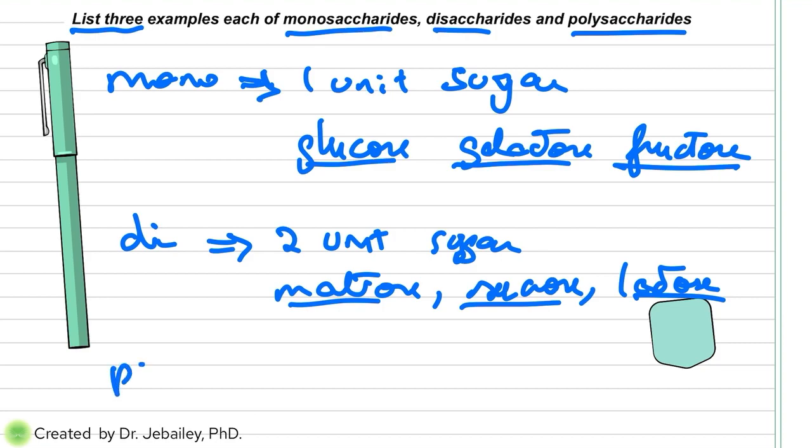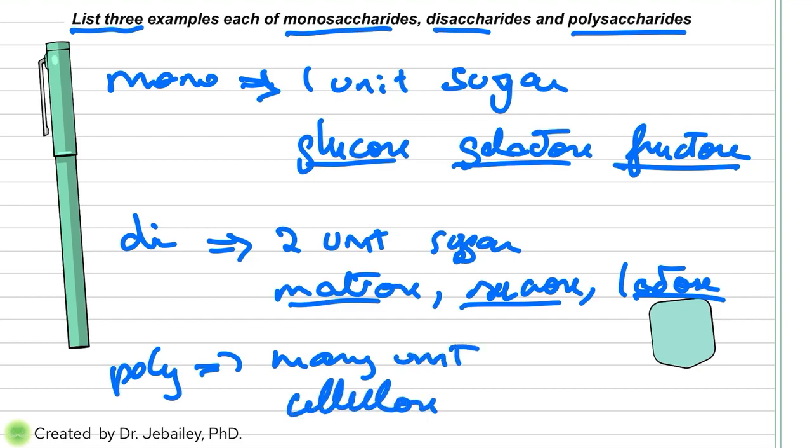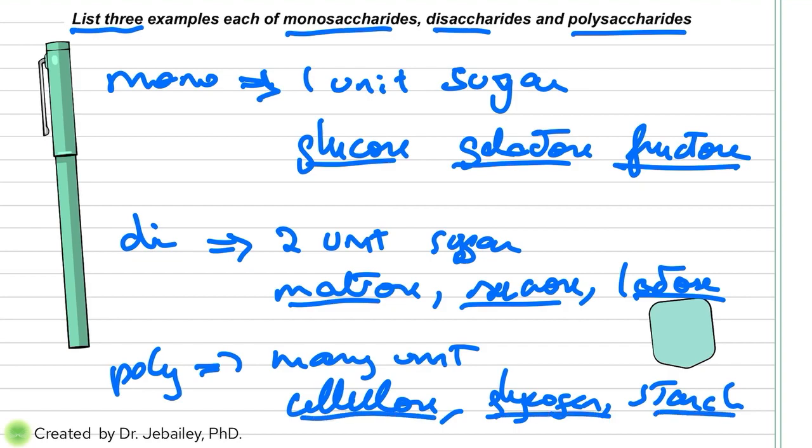And now polysaccharides are many units. Here we can put cellulose, glycogen, starch, and there is chitin. There are many other ones out there, so these are the 3 that I put for polysaccharides.